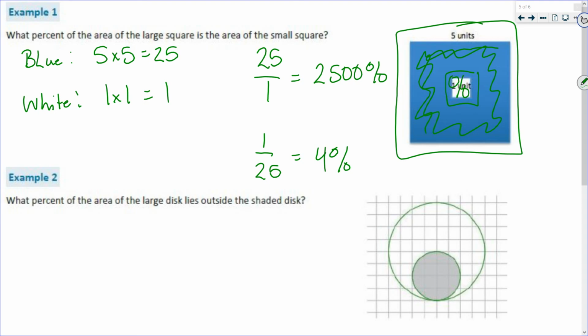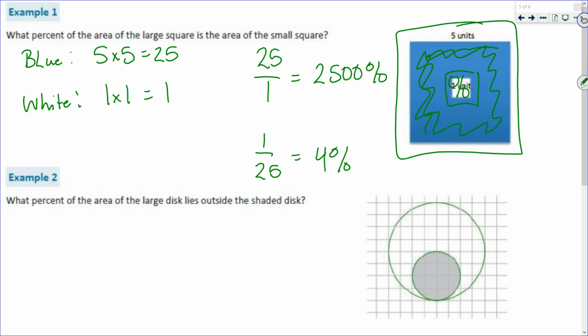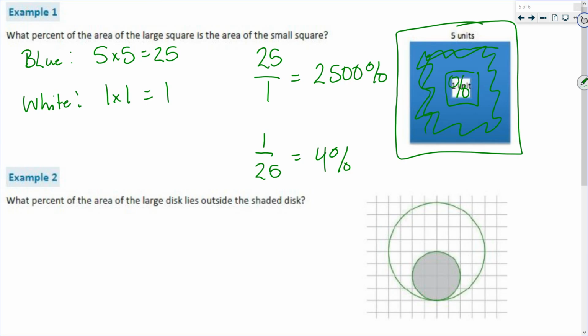Does that little square take up 2,500% of the blue square? No, it doesn't. 2,500% would be an enlargement. If that little white one decided it wanted to grow up to be that big giant square, it would have to grow up 2,500%.